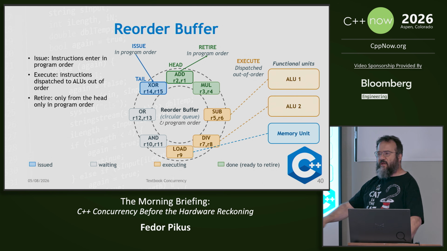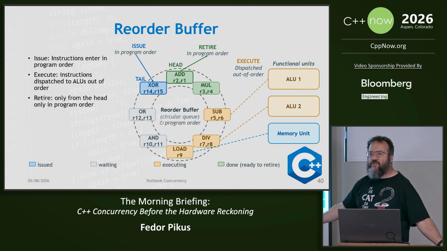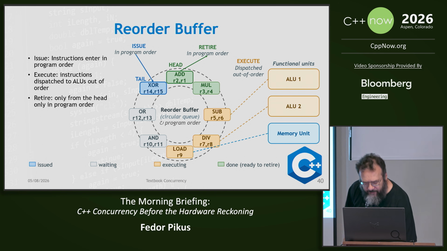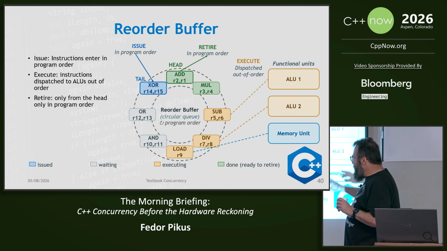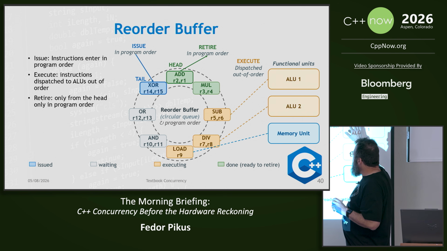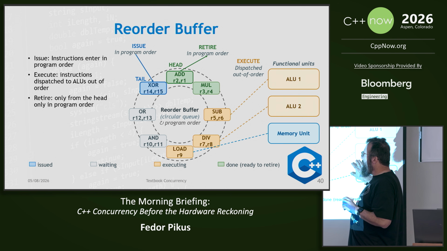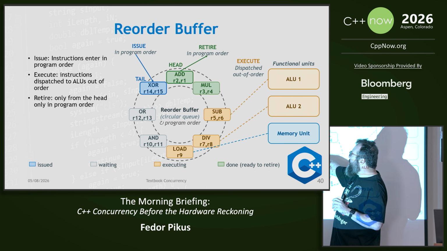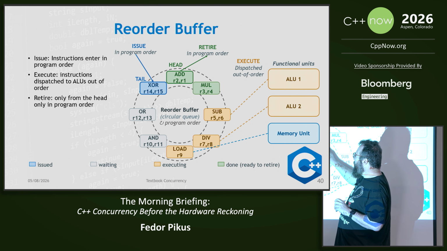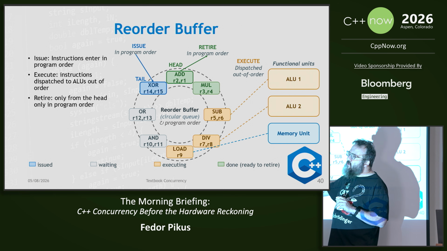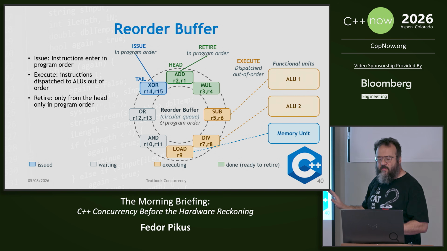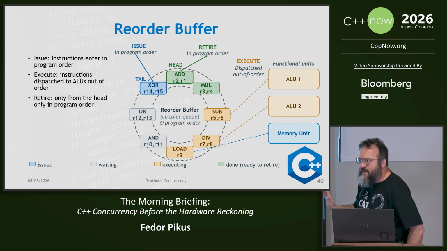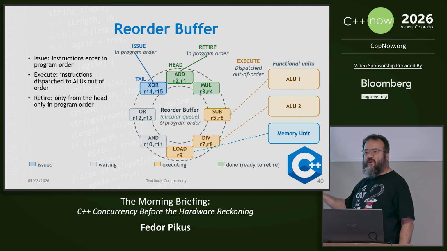All of its results are fully committed to memory if there was a memory change. But the out-of-order part happens because entering is done in program order, retiring is done in program order, and execution is done in whatever order they want. Anything where data dependencies are satisfied is fair game.